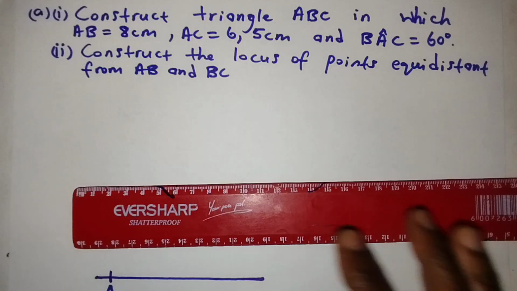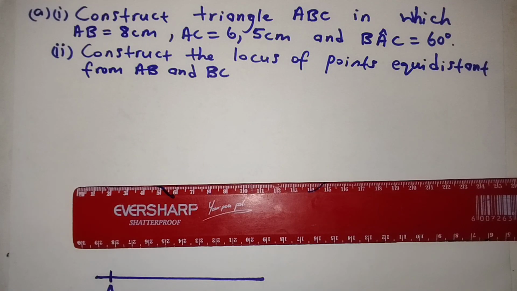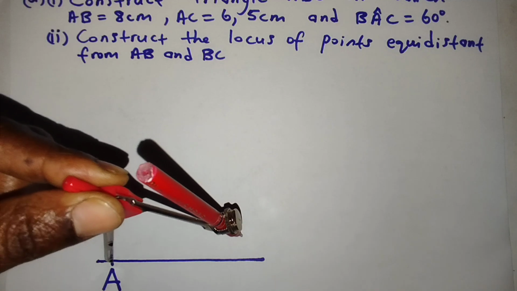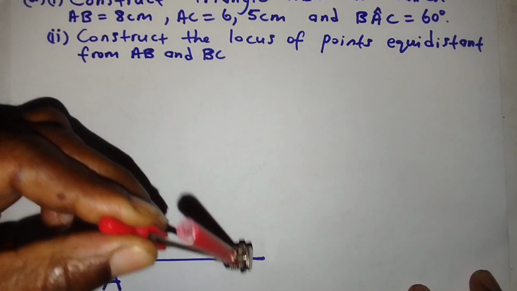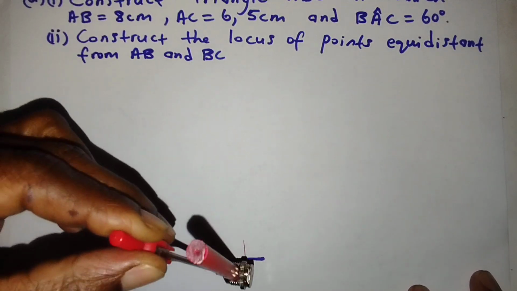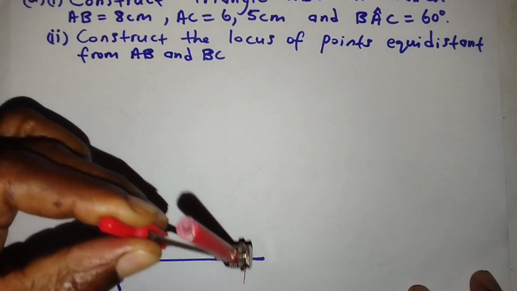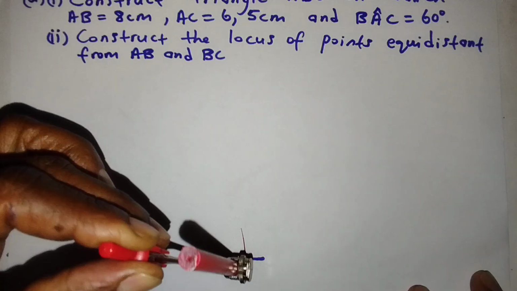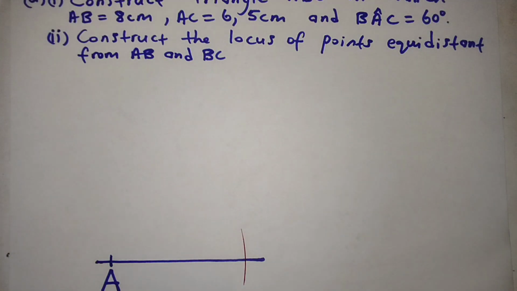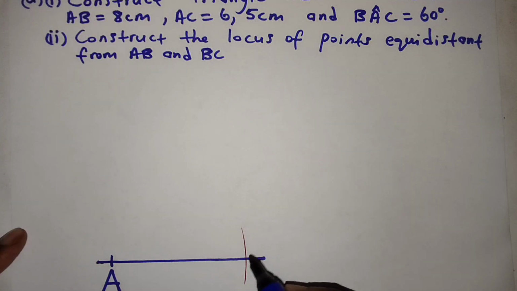Right, so with A as my center, I'm going to draw an arc which cuts this line so that I can locate the position of point B. Okay, so B is here, so this is my B, so this is my AB, which is 8 centimeters.